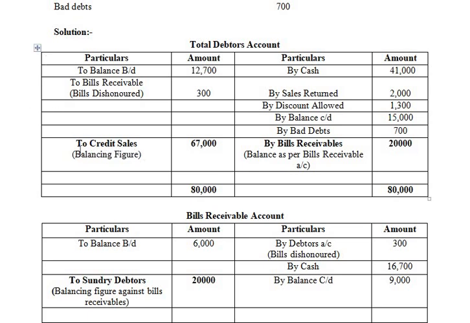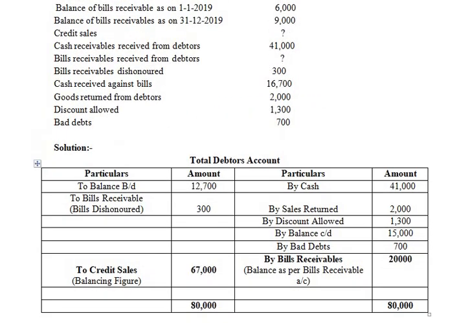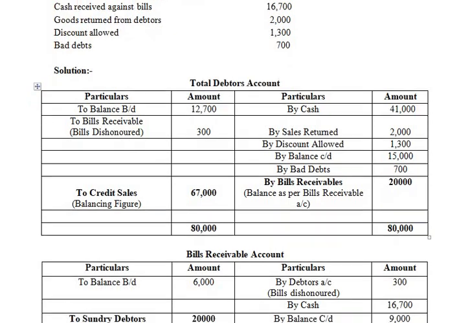I hope you have understood how we got the credit sales and the bills. The question was to find out credit sales and bills receivable received from debtors. Bills receivable received from debtors is 20,000, and credit sales is 67,000.